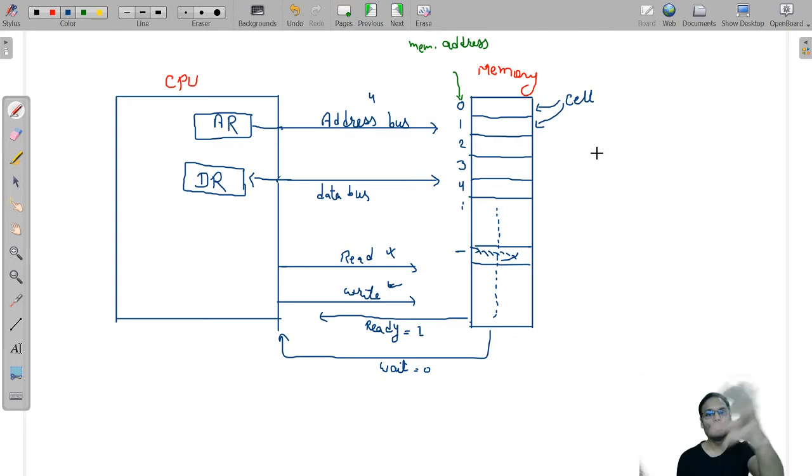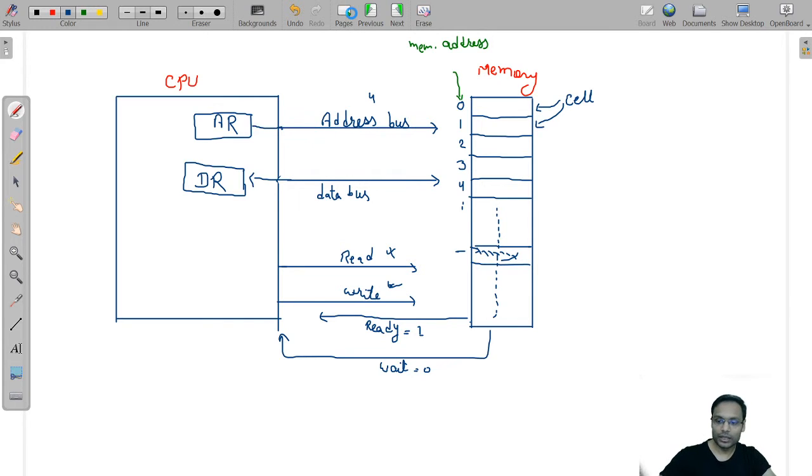If yes, then the CPU will initiate all these operations, sending the address, data or signals. Whenever the wait signal is enabled, the CPU cannot initiate any memory operation and will have to wait. As soon as the ready signal is enabled, the CPU can initiate the operation using these three kinds of buses. Okay, I guess Ashish, your question is answered.